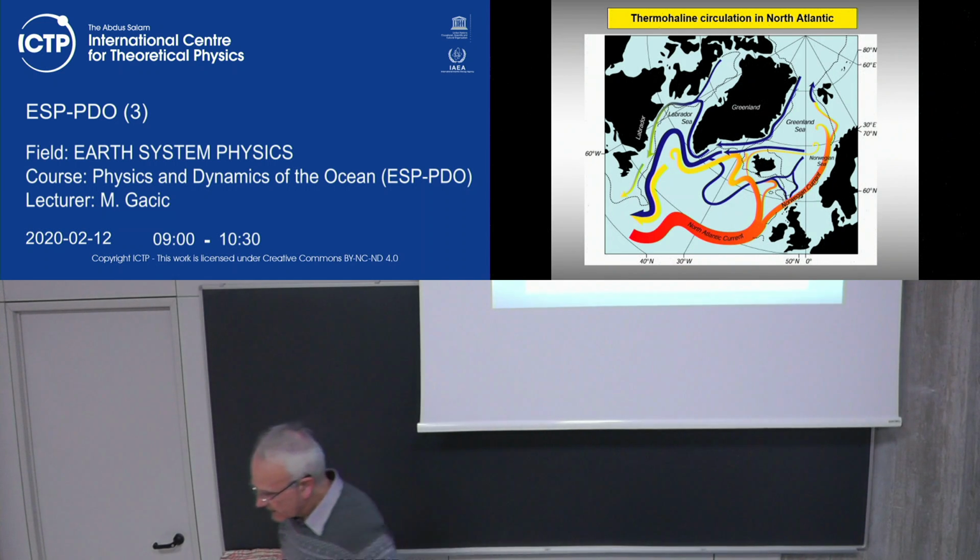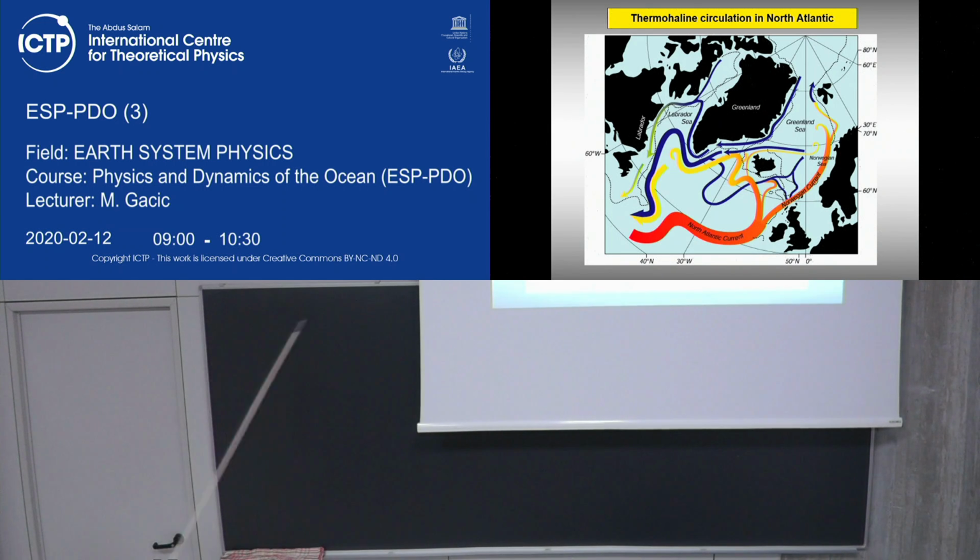In the North Atlantic, so now let's zoom into the North Atlantic, where there is dense water formation. This is Greenland, Labrador, and here is the area where the dense water is formed for the entire global conveyor belt. So the entire global conveyor belt depends on what's happening in that area.